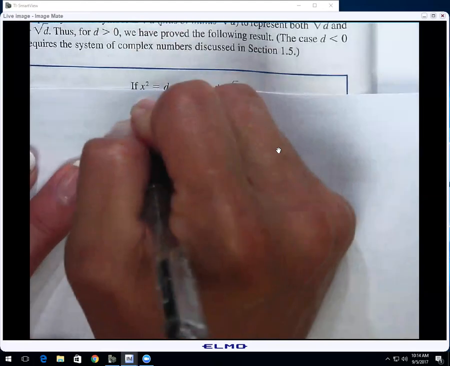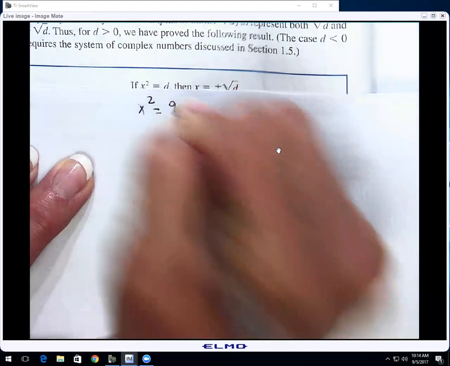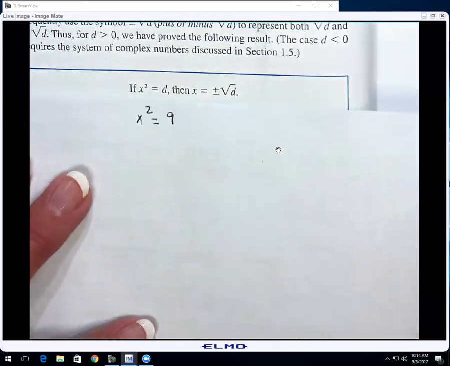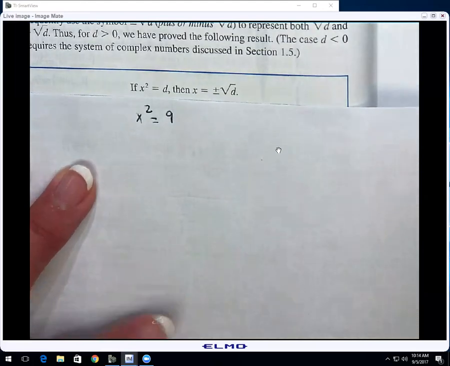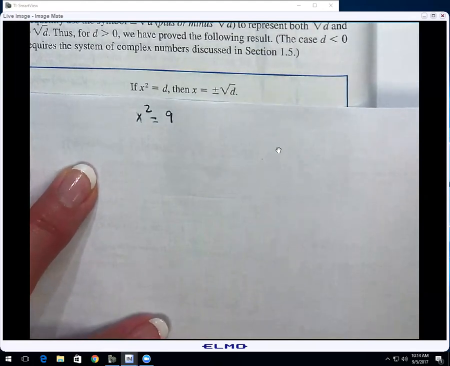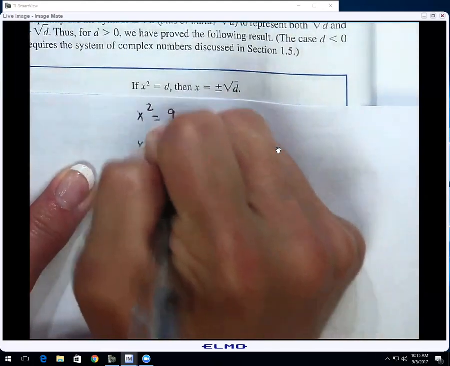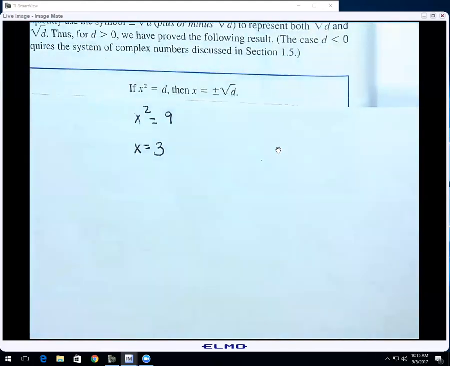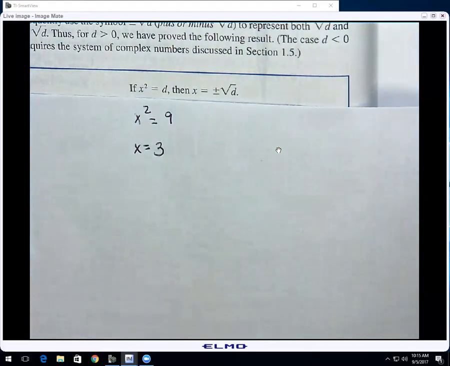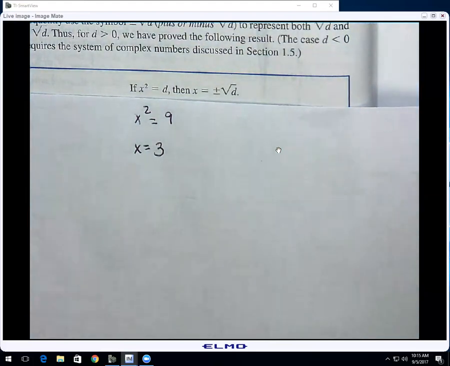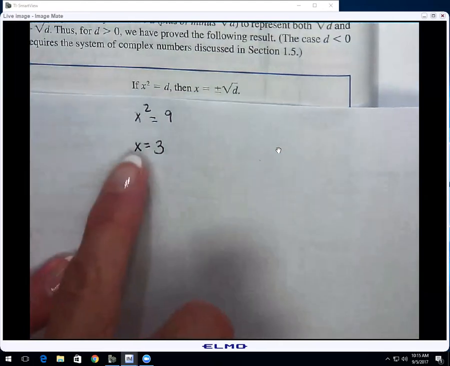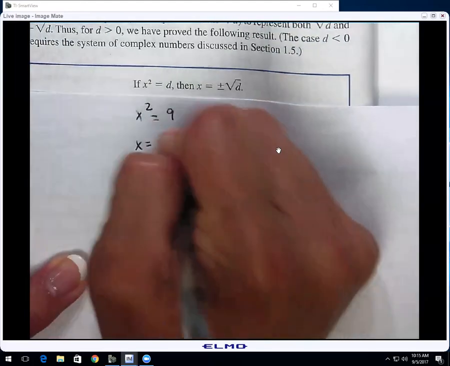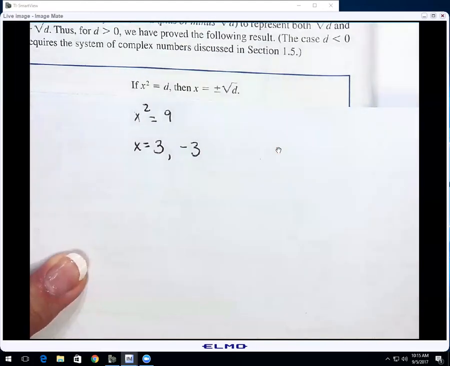If x squared equals 9, what can you square and get 9? The first answer that pops in your head is 3. But is that the only number you can square and get 9? Also negative 3. There are 2 numbers that you can square and get 9, both positive 3 and negative 3.